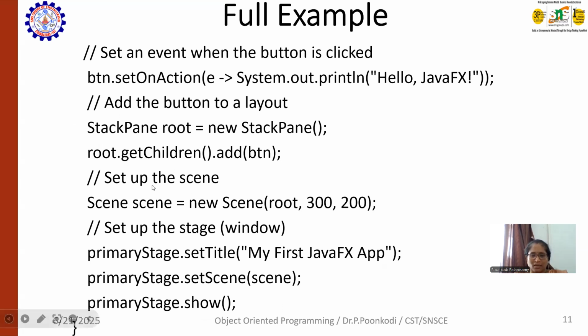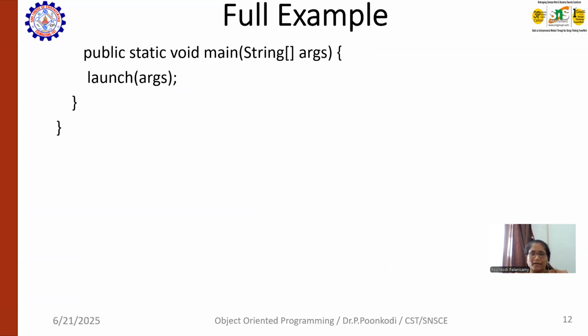Then Scene is used to set the screen size. Then stage is used to set the title of the application. Then setScene decides what should be displayed on the screen. It will be decided in this primary stage, which is used to display the content.